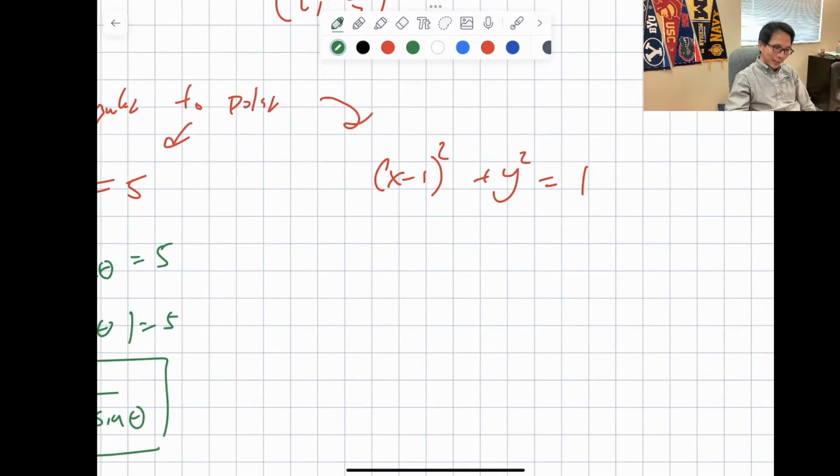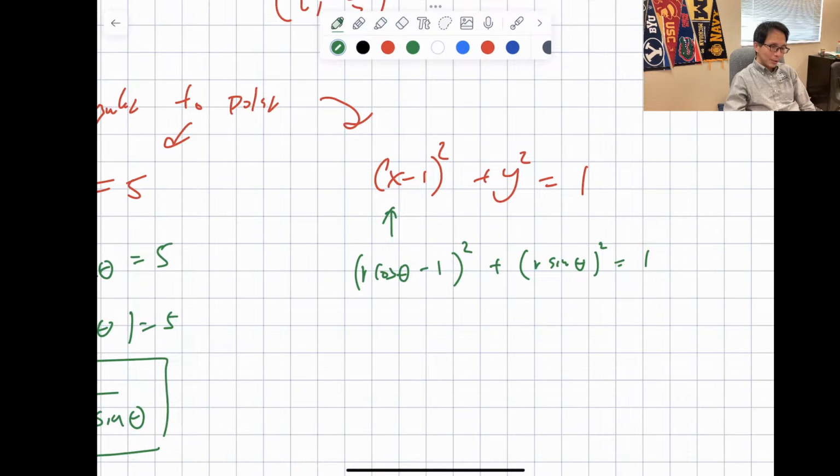Okay, so we're gonna replace this x with what? Yeah, but this one's kind of tricky though. r cosine theta minus 1 squared plus r sine theta squared equal to 1, right? You have to expand this.